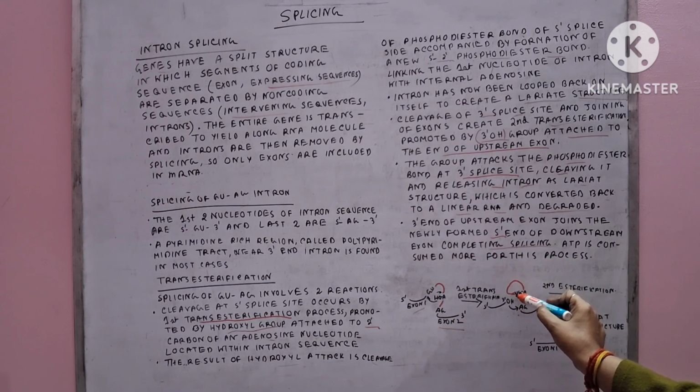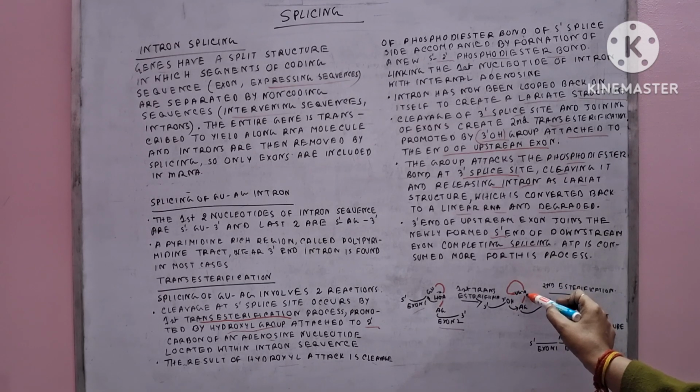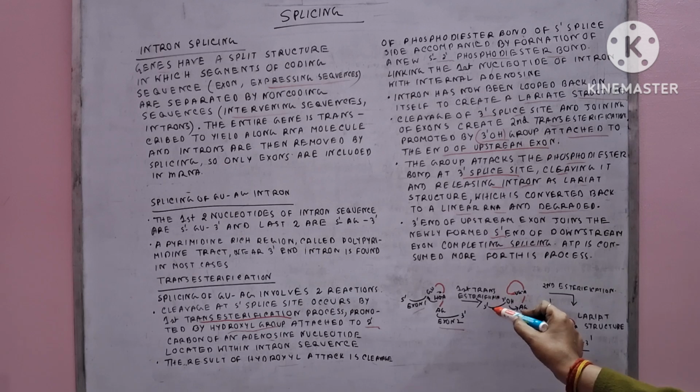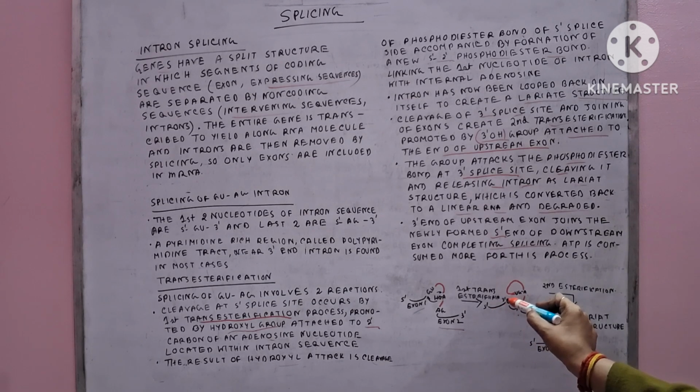You can see that UG or GU attached with the A, and here the 5' exon attached with the hydroxyl group. This hydroxyl group creates the second esterification with this 3' exon.